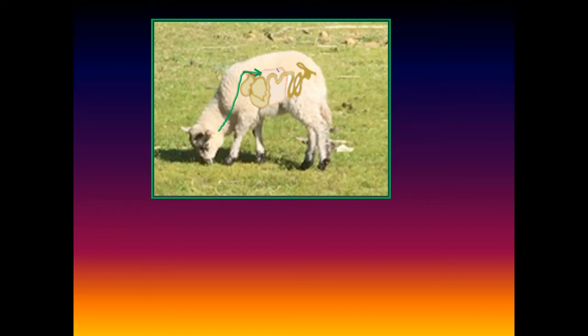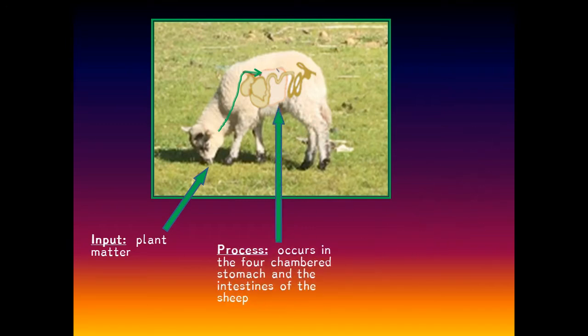So let's do a quick review of the digestive system on our lamb. The input is the plant matter that she's eating. The process is what occurs in the four-chambered stomach and the intestines of the sheep. And in this case, we have two outputs.